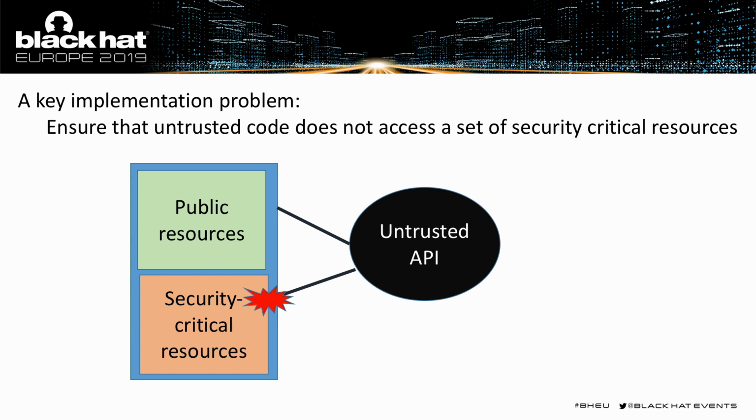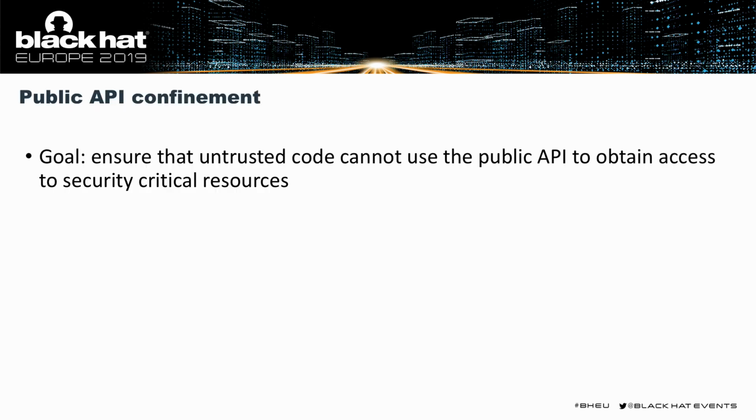So this is the key implementation problem. In one slide, you have to ensure that the untrusted API does not have some way to get to the critical resource. And how do you do that? Well, you have to somehow confine the API, so ensure that untrusted code does not use the public API to access the security critical resources.